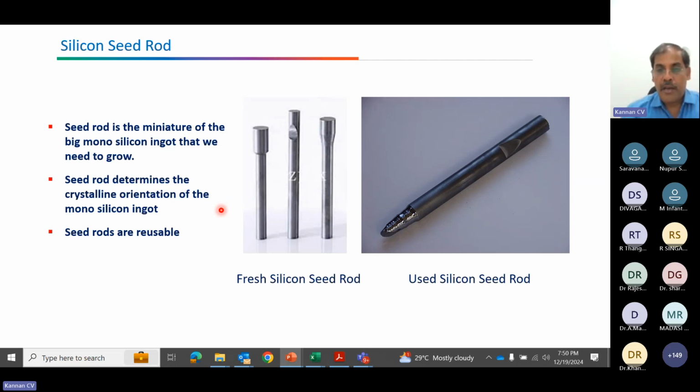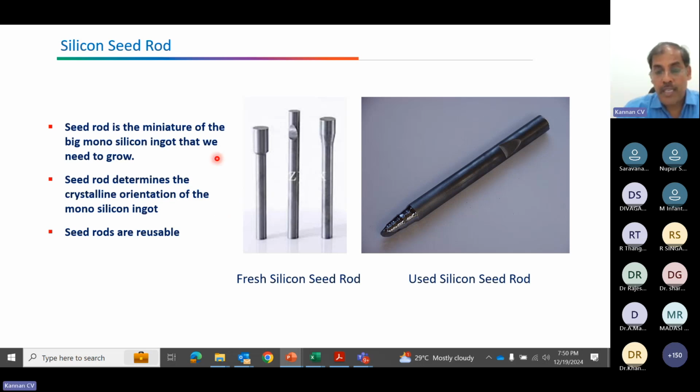And there are different shapes of seed. Seed orientation is also very important, and the seed conductivity is also very important. You can get seeds in different shapes from the market, or you can make seeds from your grown crystal by cutting to the size you want, right?